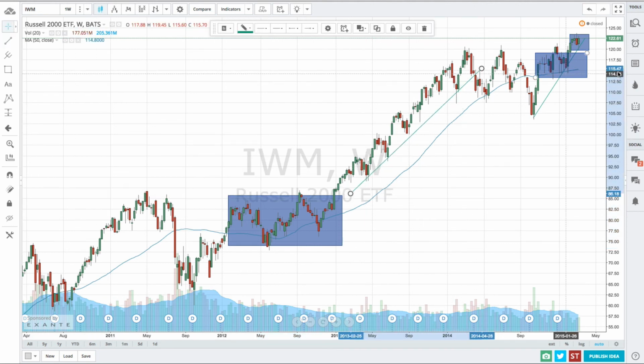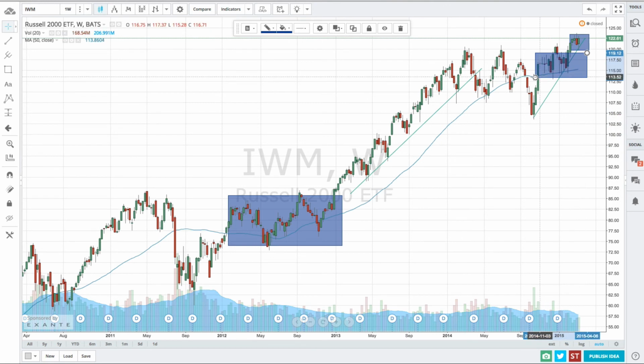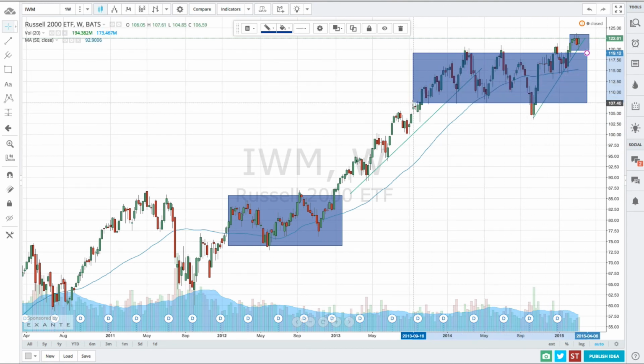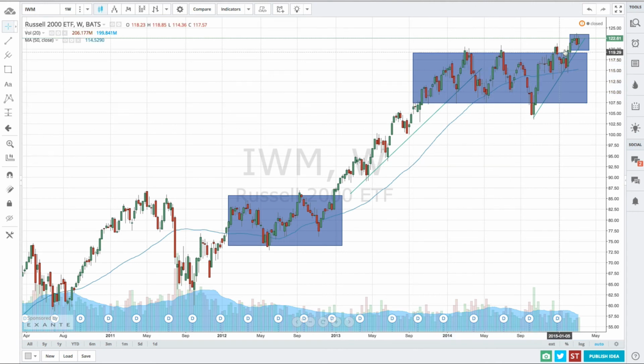Now if we go here, you can see this next period of consolidation right through here. So maybe this is getting ready to do another run. So IWM looks like the stronger of the four. Ultimately, the other three have some areas to work on.